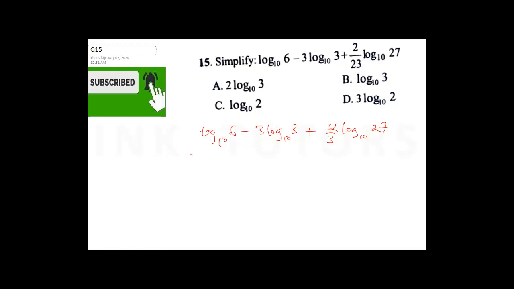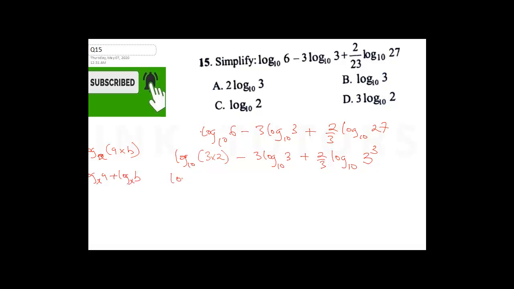So the first one we're going to do, log 10 6 can be represented as 3 times 2, minus 3 log 10 3. What I want to do is get log 10 3. Plus 2 over 3 log 10, now 27 is 3 raised to power 3. So now remember that in logarithm, log x of a times b is going to give you log x a plus log x b.